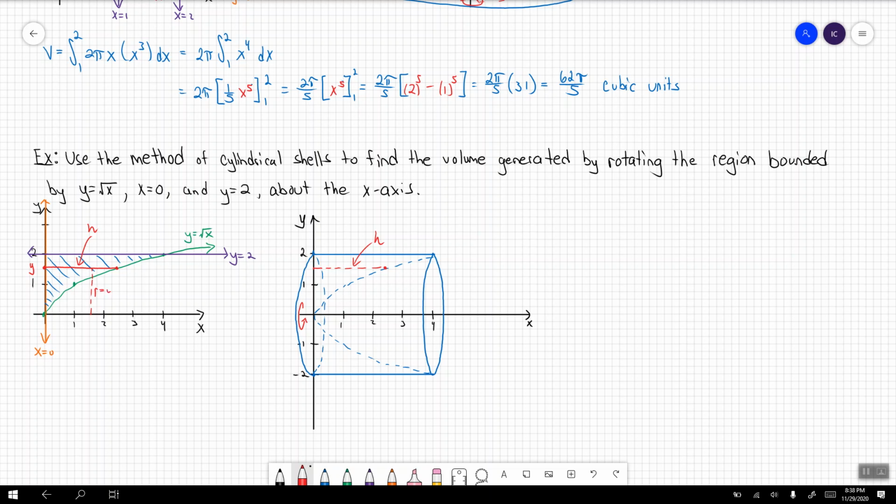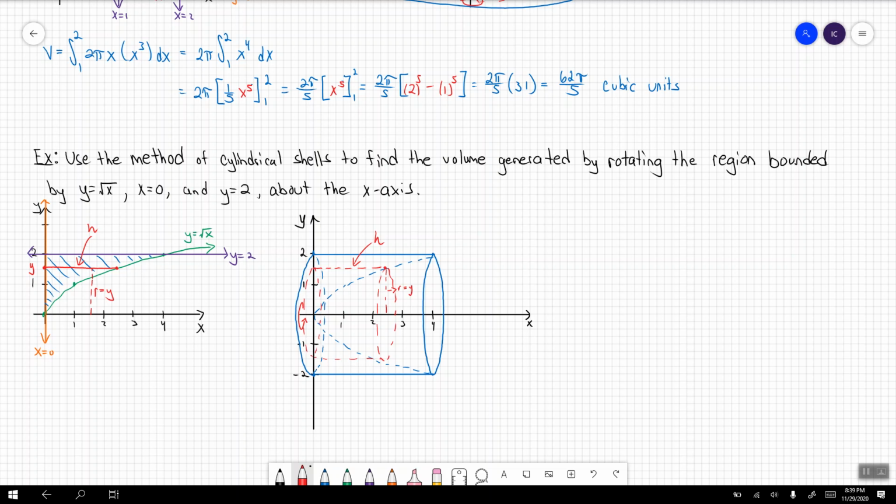The radius is just equal to the y value here, just r is equal to y. Again, here's my cylindrical shell. So again, we've got the radius, we've got the height.